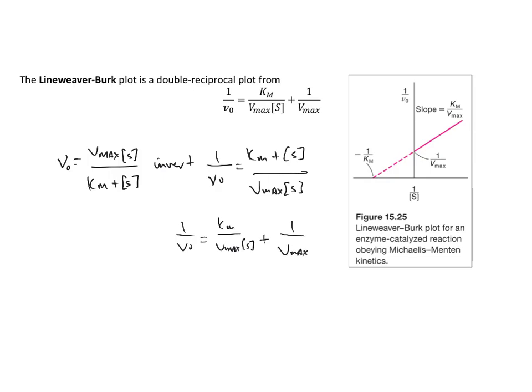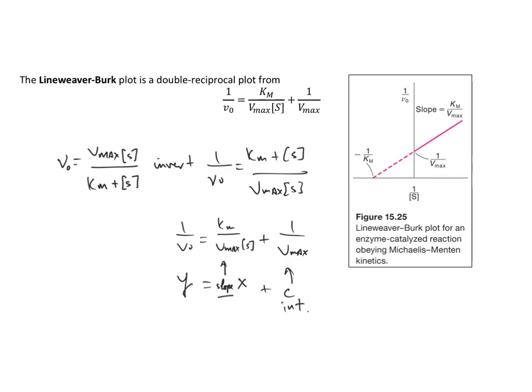Okay, and now you could see how you get a straight line. If you're going to plot 1 over the initial rate versus 1 over substrate concentration, the slope is that ratio, and the intercept is 1 over Vmax.